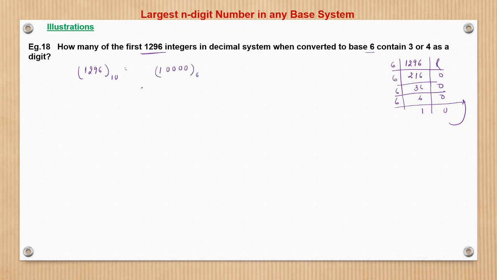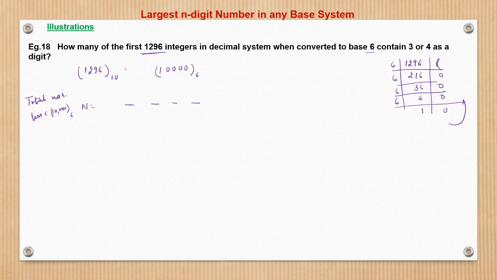Now the question can be rephrased as: how many of the first 10,000 integers in base 6 contain 3 or 4 as a digit? So it's very similar to what we did in the previous question. Basically n is a 4-digit number less than 10,000 which contains 3 or 4 as a digit. First we find the total numbers less than 10,000 in base 6.